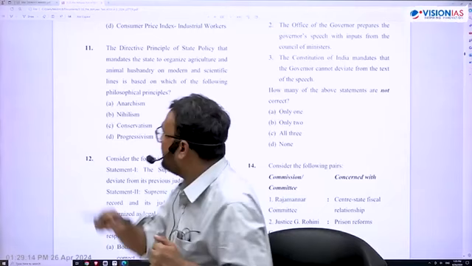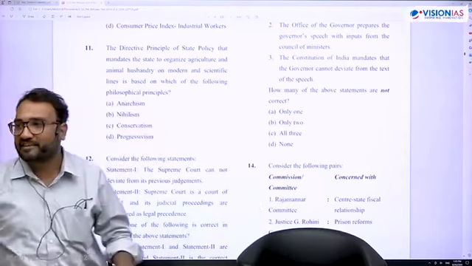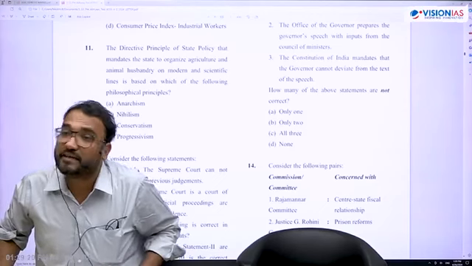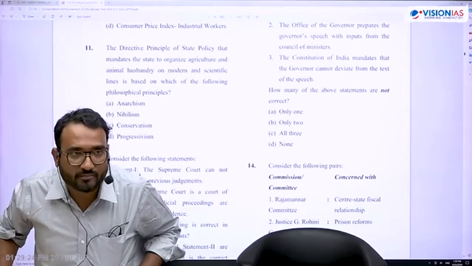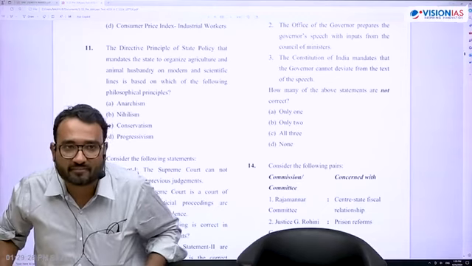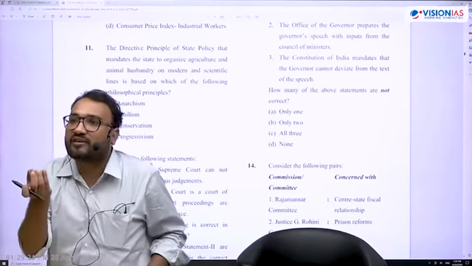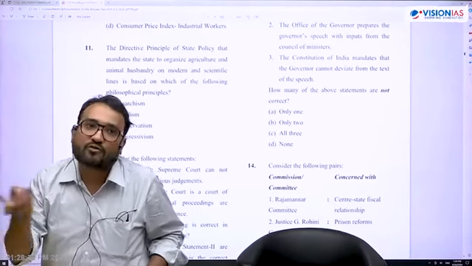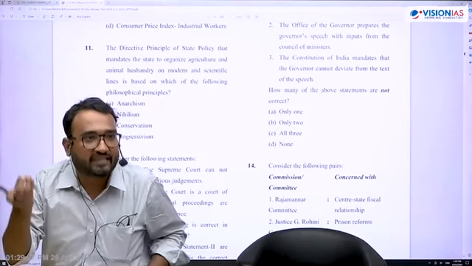So in that sense, how does anarchism relate to agriculture and animal husbandry? Agriculture and animal husbandry, if anything, is related to liberalism, to intellectualism, to progressivism, to a secular idea. What is a secular idea? Other than religion also, secularism means rational and scientific thinking.